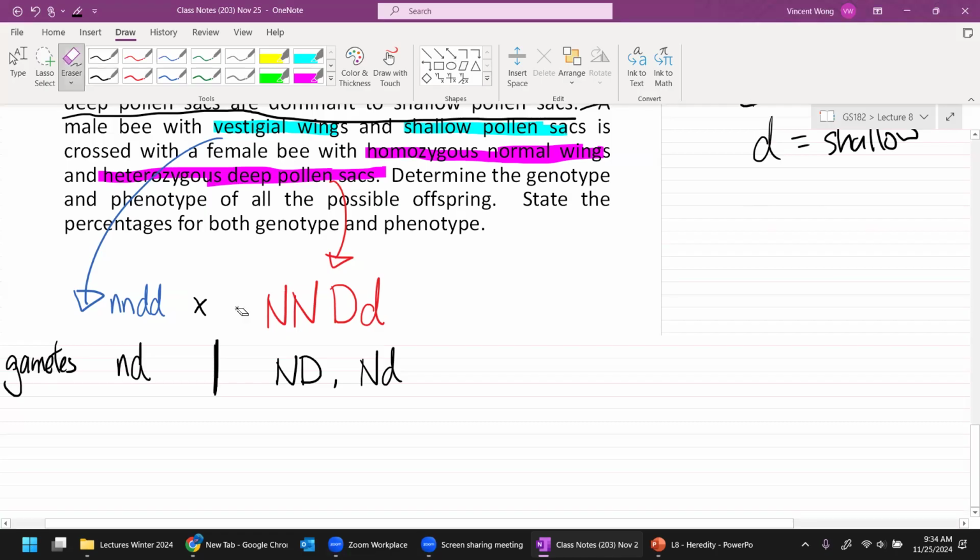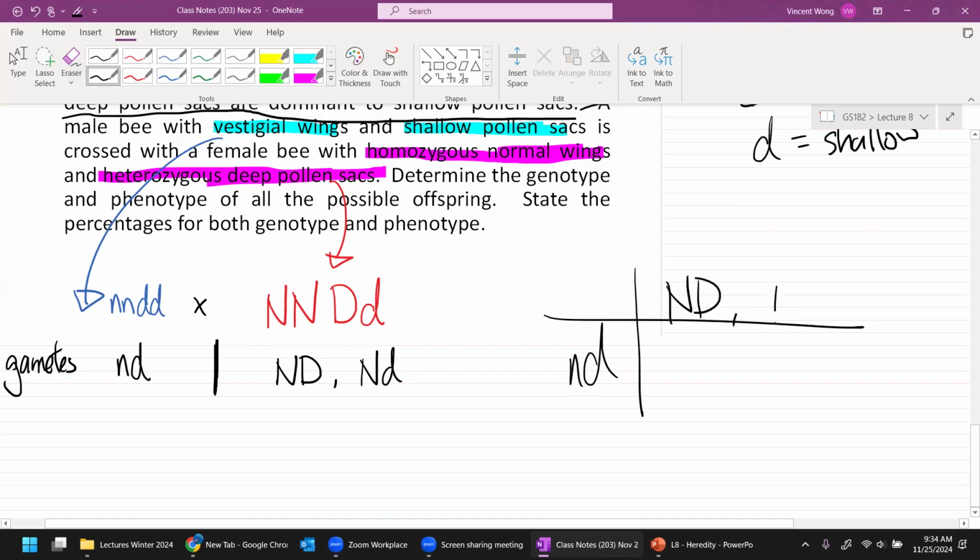All right. So small n, small d, big N, big D, big N, small d, right? Always write the capital before you write the lowercase.